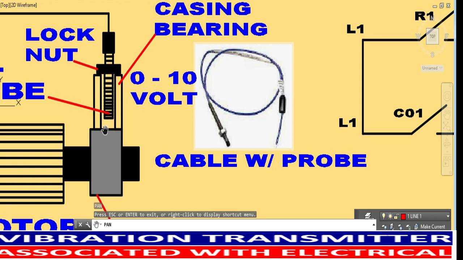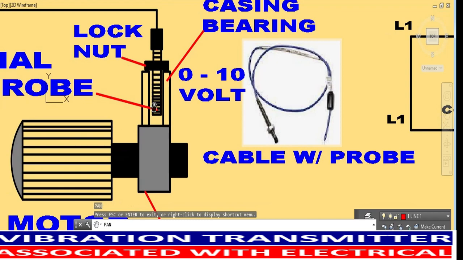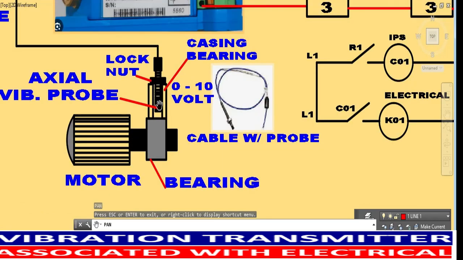You adjust the probe until you get 10 volts, then you lock the lock nut so that the probe will not move anymore during running. Otherwise, the whole system of this vibration transmitter will malfunction.